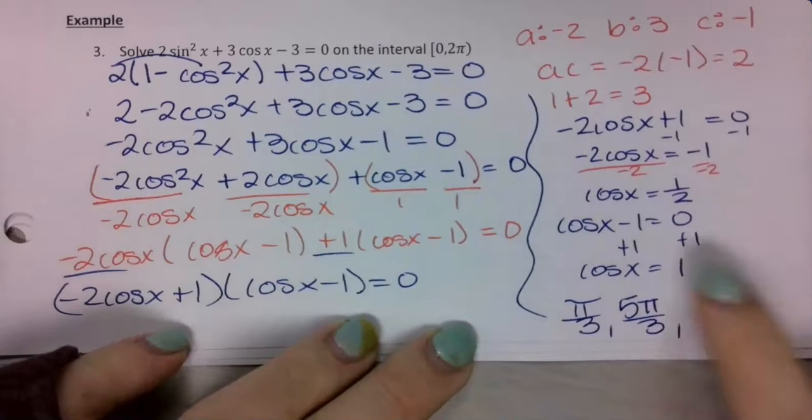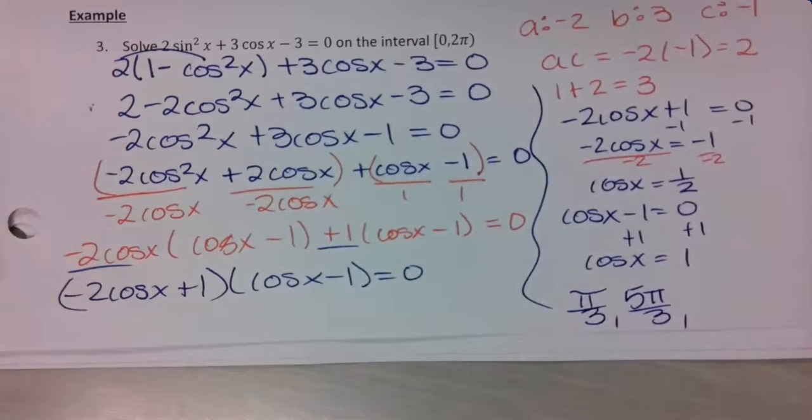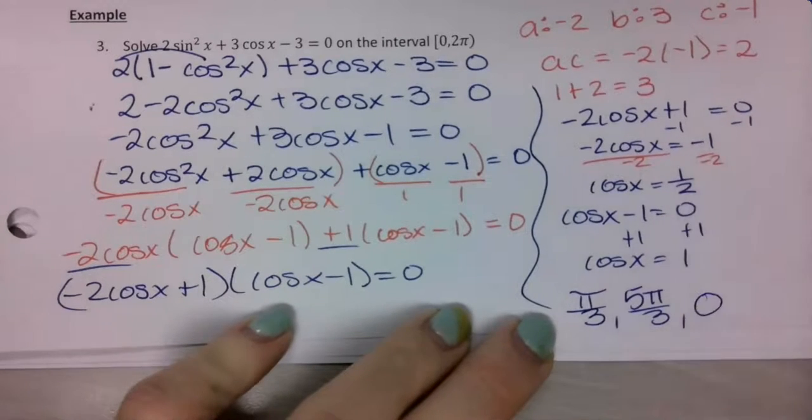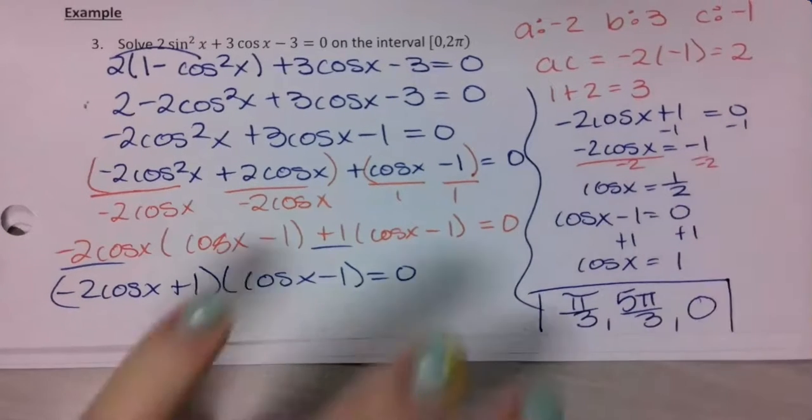And then where is cosine 1? It's 1 at 0. So this is my final answer.